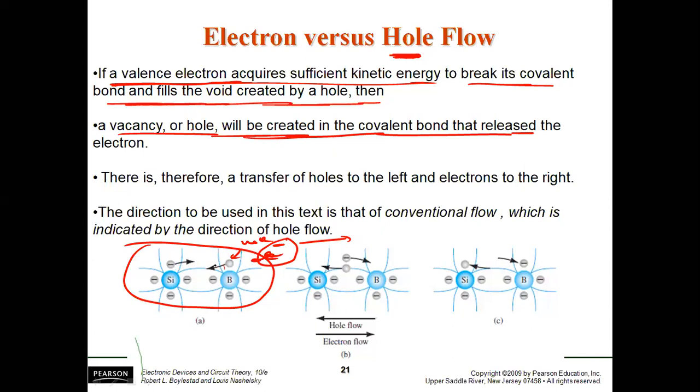Consider the electron in a nearby silicon atom. Suppose this electron is struck by some external photon of, let's say, 1.1 eV. This energy is sufficient to release the electron out of the bond, so a hole at this point will be created.